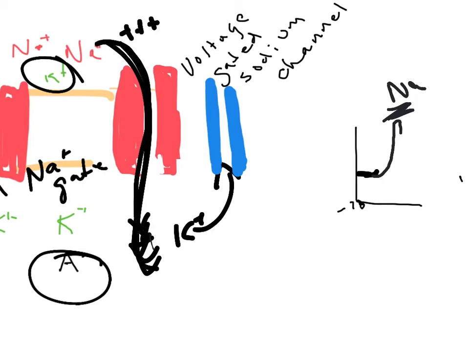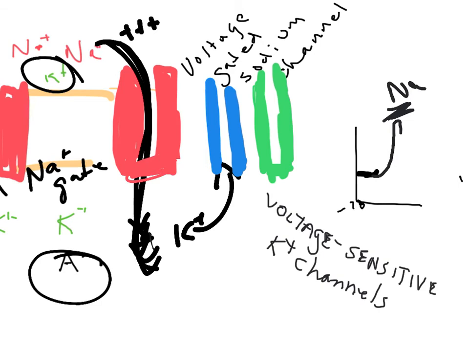At this point, two things happen. First, the sodium gates inactivate, meaning that sodium now can no longer enter the cell. Next, voltage-sensitive potassium channels, which we haven't really talked about yet, but haven't been major players until this point, open up, and potassium rushes out of the cell.